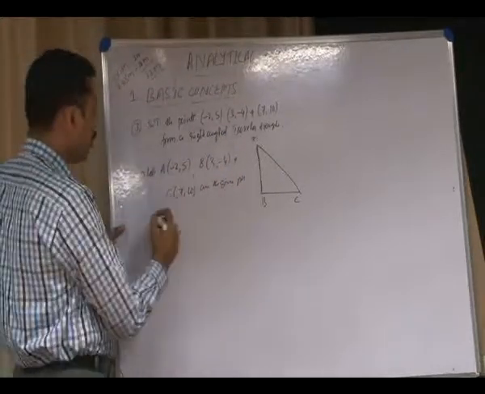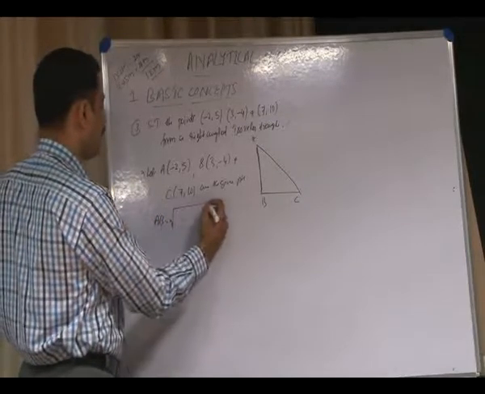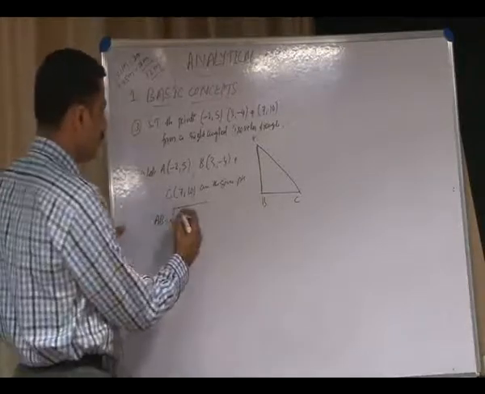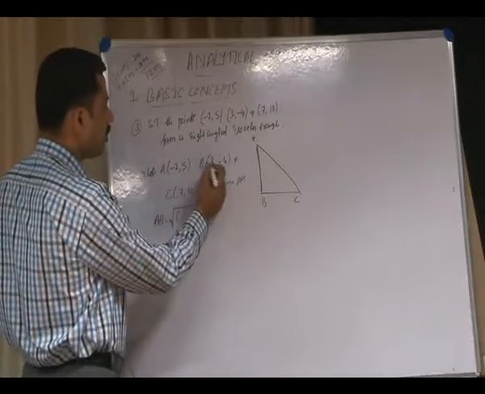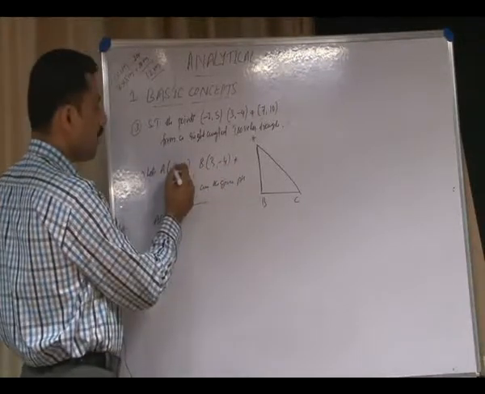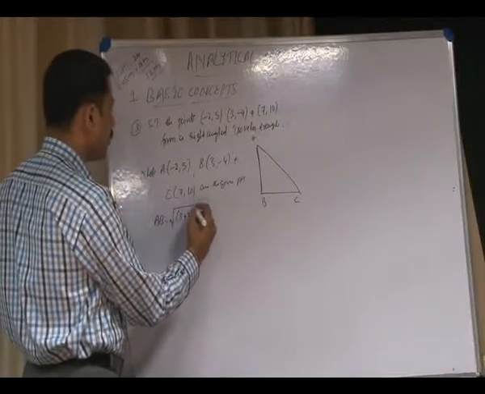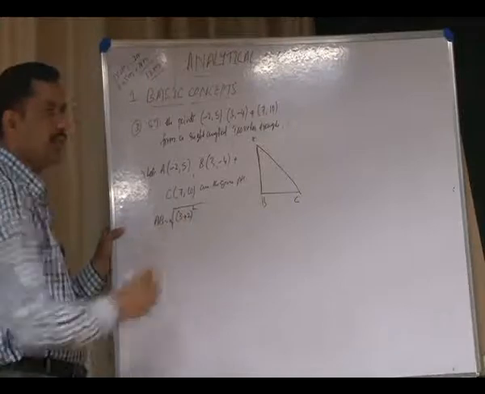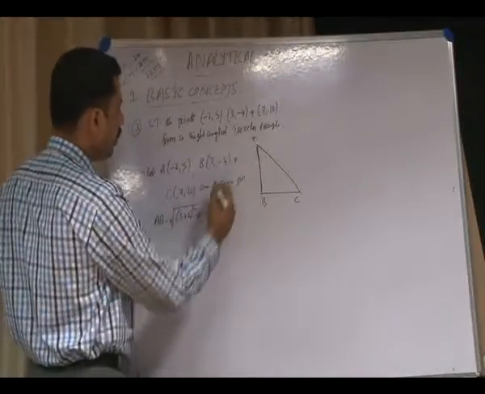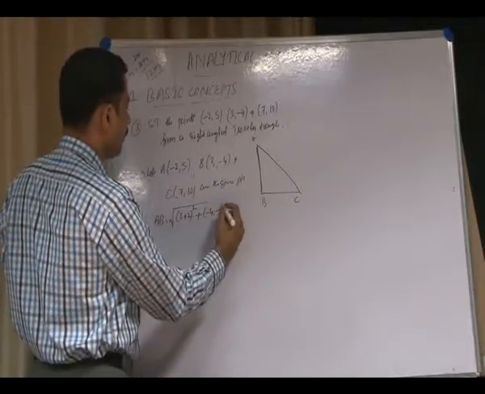For that, distance AB is given by the distance formula: AB is equal to square root of x2 minus x1 whole square plus y2 minus y1 whole square. Here x2 is the x coordinate of the second point B, that is 3, minus x1 which is minus 2; minus of minus becomes plus, so 2 whole square. Then y2 is minus 4, minus y1 which is 5, whole square.